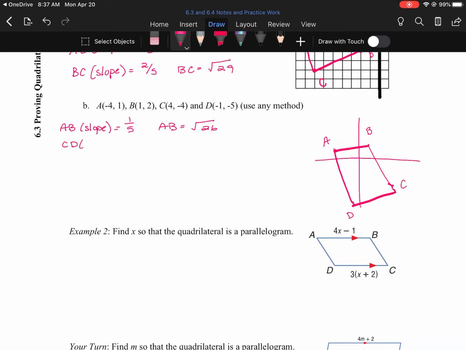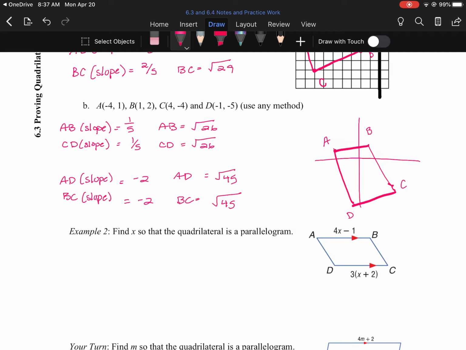CD is opposite that one, so the slope of CD is 1/5, and the length of CD is also the square root of 26. If you do the other two sides, AD and BC, each of their slopes are -2, and the length of each is the square root of 45. All right, so you should be able to check that one.